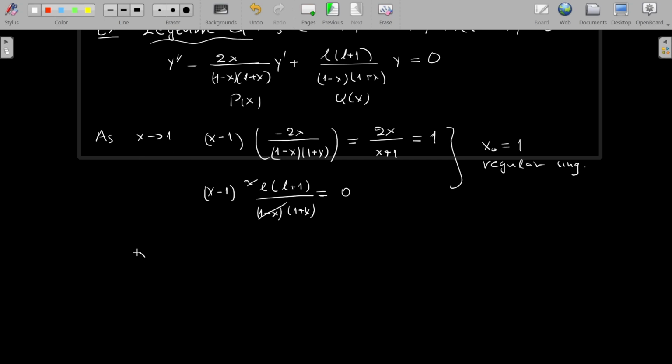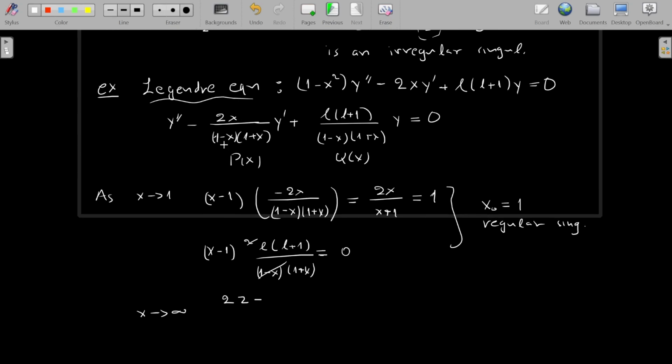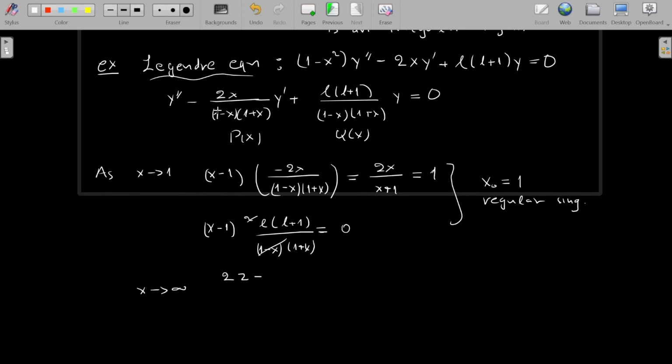Now what happens as x goes to infinity? We will have 2z minus, now this is our p of x, so it will be written as minus 2 over z, over 1 minus 1 over z squared, over z squared, right?